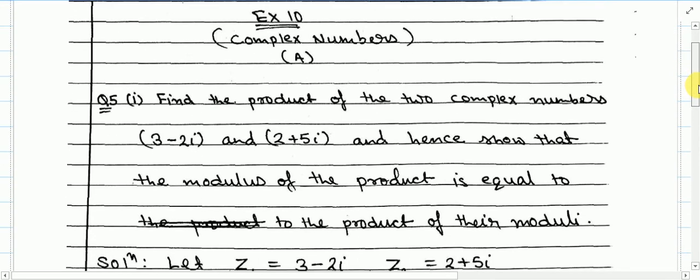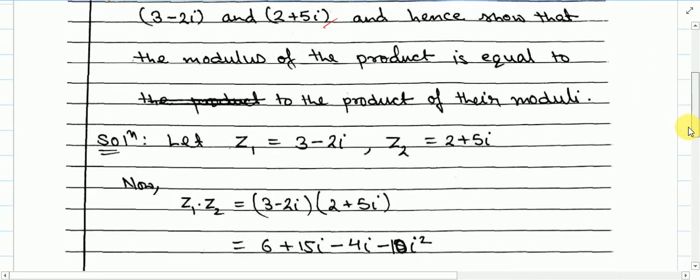Okay, so now again we are coming back to exercise 10a. Now we'll do question number 5.1. Here it says, find the product of the two complex numbers 3 minus 2i and 2 plus 5i, and hence show that the modulus of the product is equal to the product of their moduli.